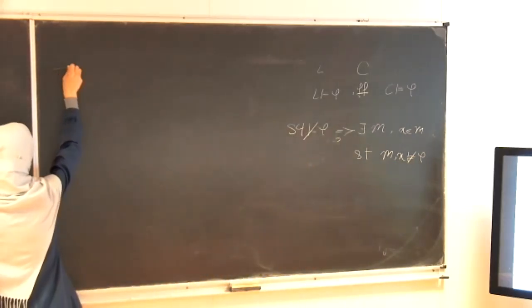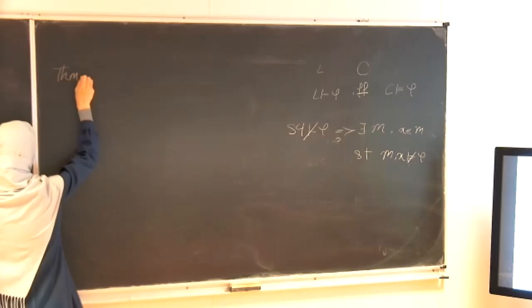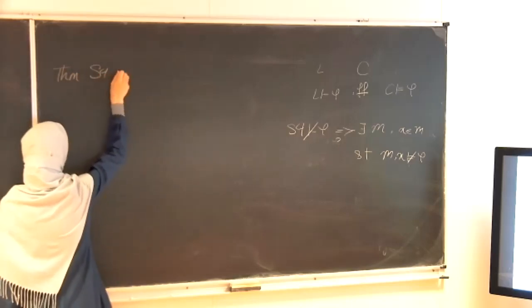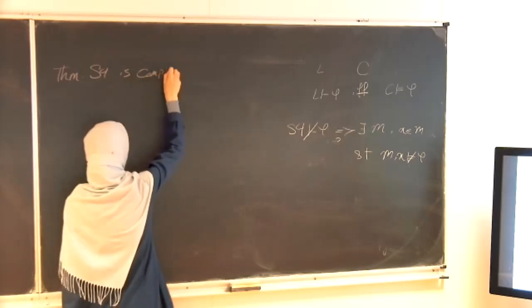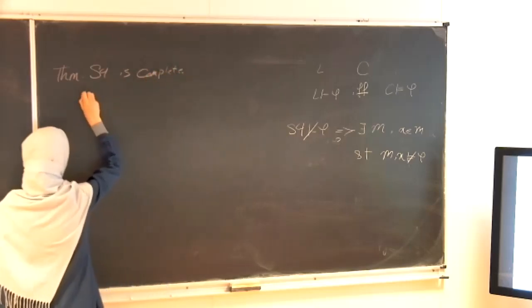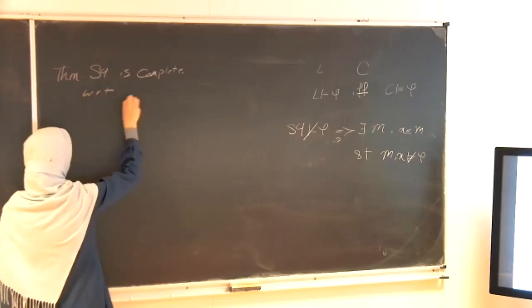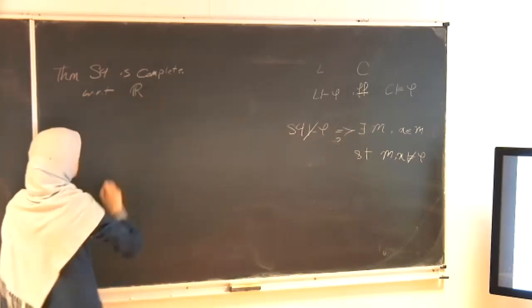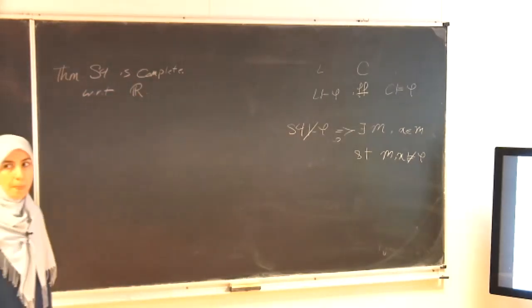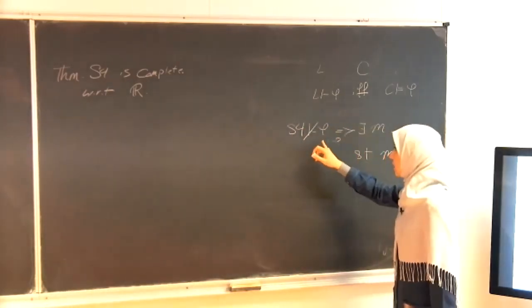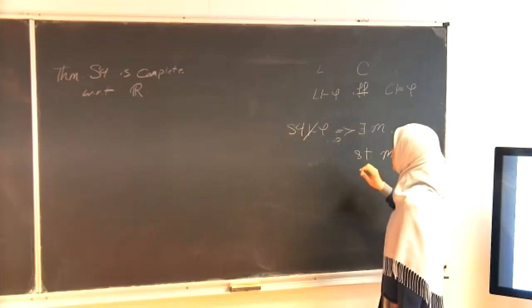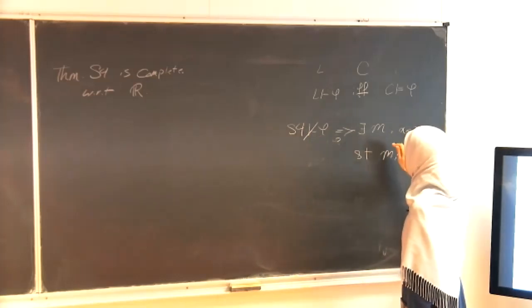So our theorem, which we want to show, is that S4 is complete with respect to the real line R. So I have to show that for any phi which is not a theorem of S4, there exists some topological model.